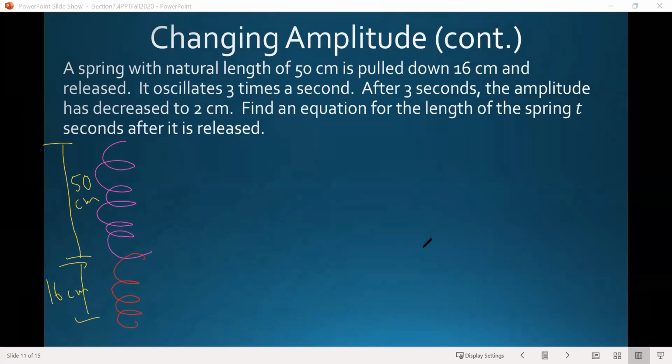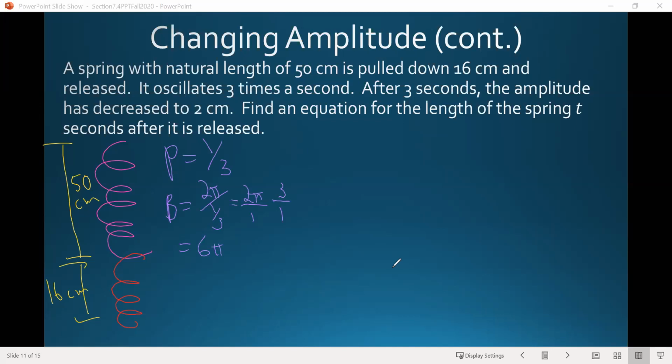And the spring oscillates 3 times a second, which helps us know the period. If it's oscillating 3 times a second, that means a single oscillation takes 1/3 of a second. You can use that to help us find the value for capital B, which would be 2 pi divided by 1/3, which would be 2 pi over 1 times 3 over 1. So it looks like we get 6 pi there.